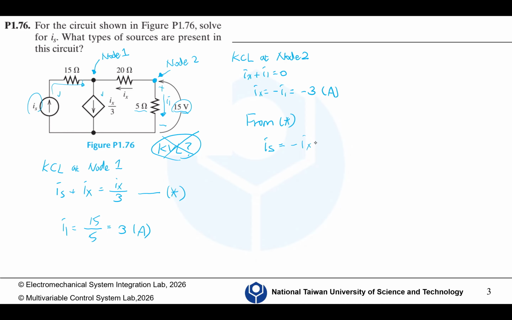And I3 is minus 2 ampere. And then let me double check by plugging this in. I1 is minus 12, so this is 5 times minus 12 plus 6 times I1 minus I3, which is minus 12 minus 2.